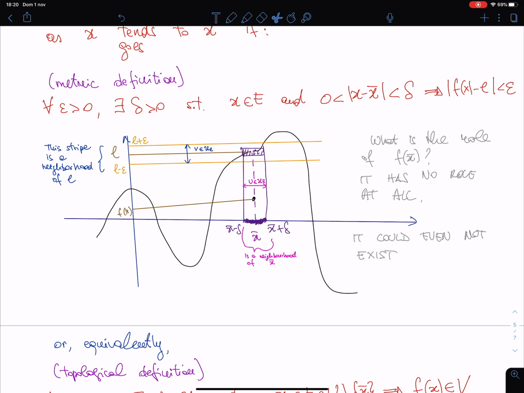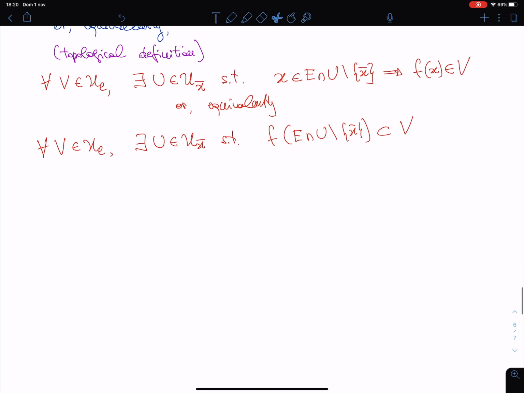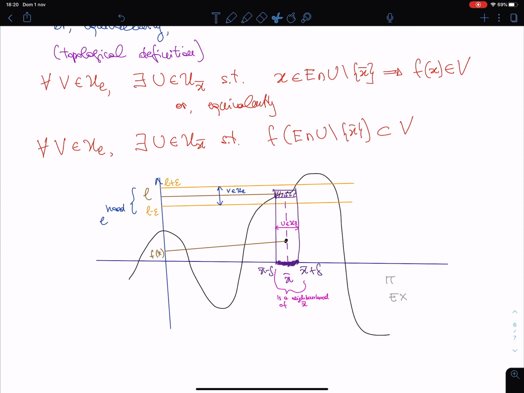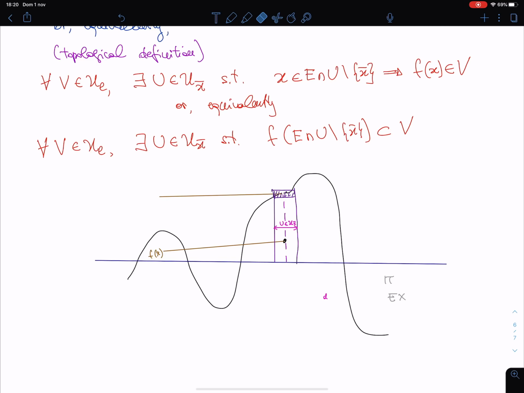So let me simply copy here and adapt to what I want to say. So I have to cancel a bit here. Let me cancel epsilon and so on. Let me cancel the stripe. Let me cancel here. I am saying the following fact. I'm reasoning about neighborhoods, so I really don't need anything to be spherical.